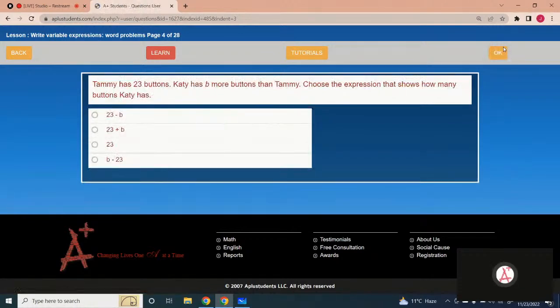Okay, Tammy has 23 buttons. Katy has B more buttons than Tammy. Choose the expression that shows how many buttons Katy has.